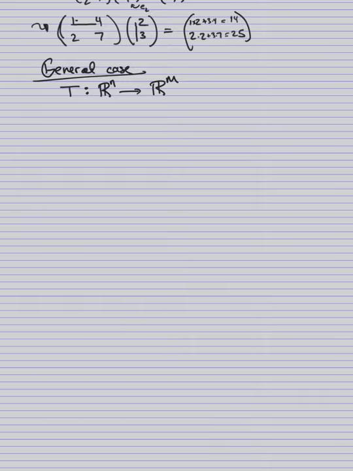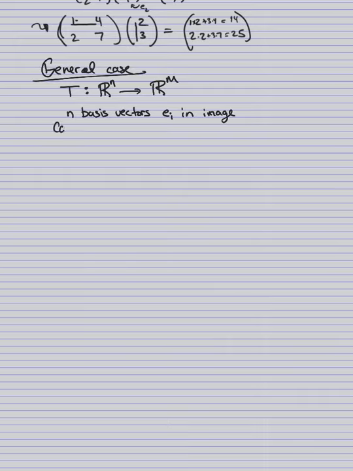Okay? Then what I get is I have n basis vectors, which again I'm going to think of as standard basis vectors, E1 through En, and their images. These are going to be my columns.